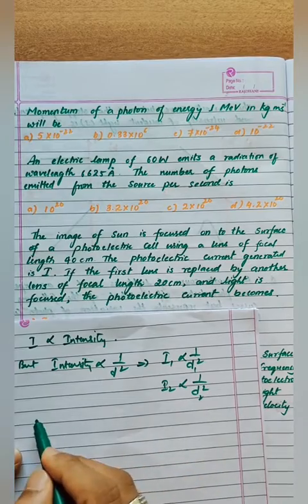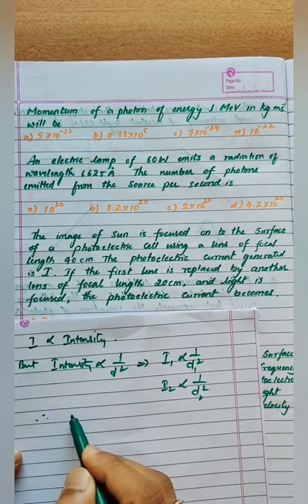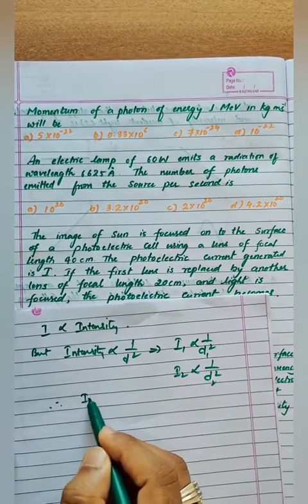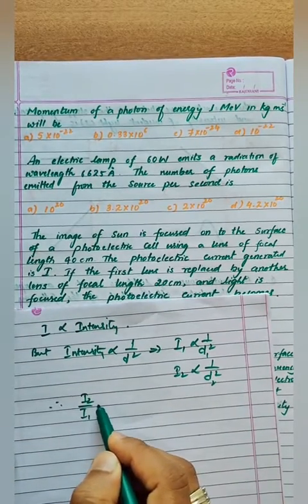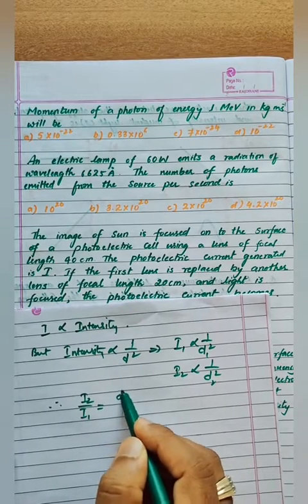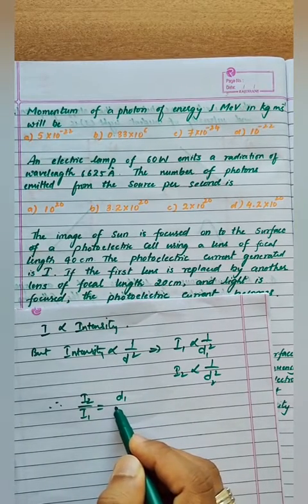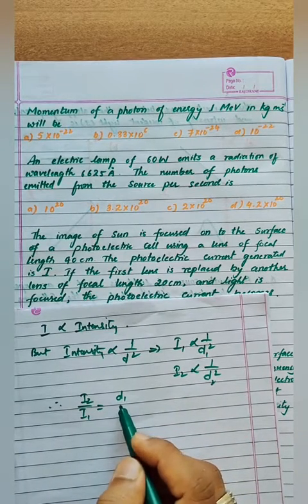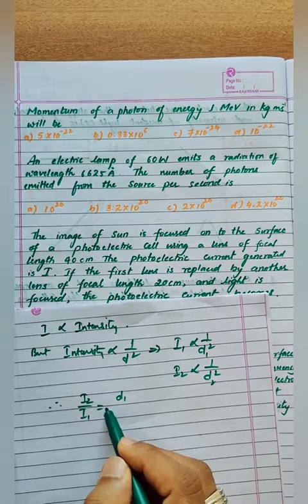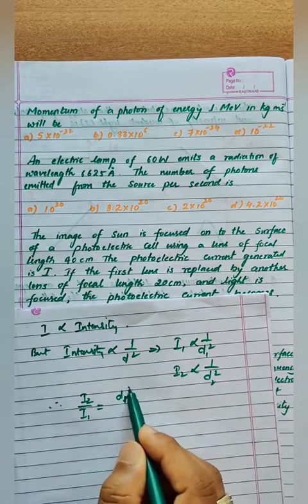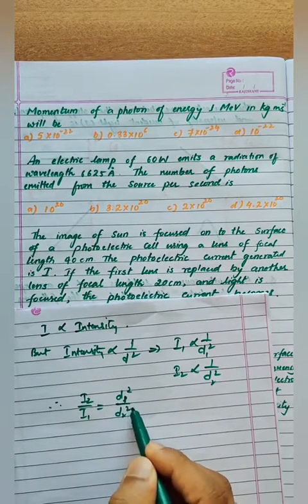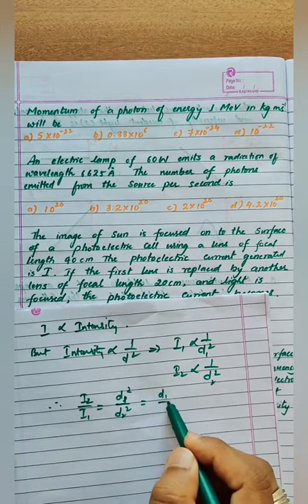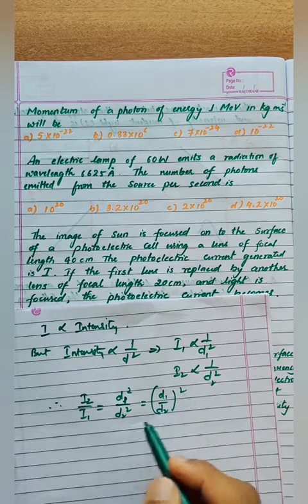So the ratio I2 by I1 is equal to d1 square by d2 square, which is nothing but d1 by d2 whole square.